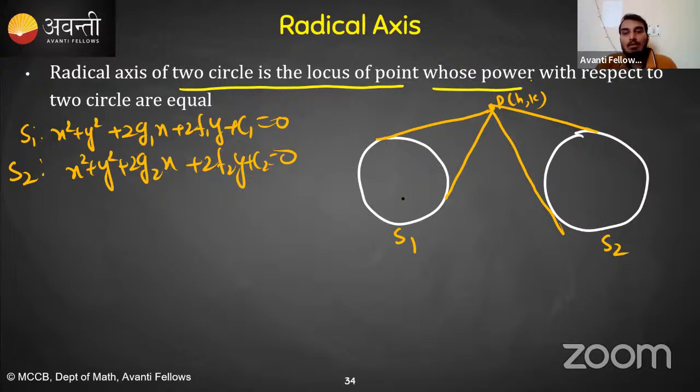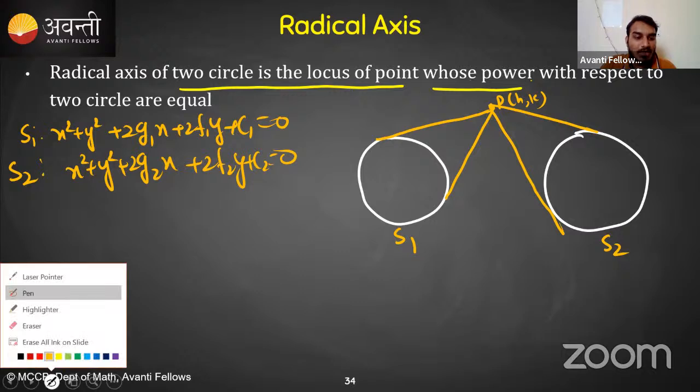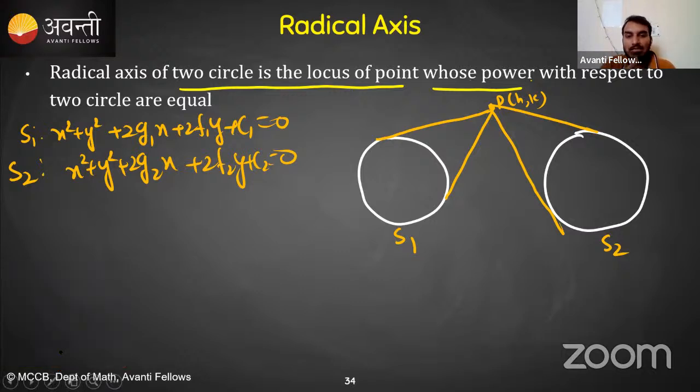So what is power of a point? Power of a point is nothing but the length of tangent squared. If the power of the point is equal, it means the length of tangent from the point P on the two circles is equal. And already the two tangents from P are of the same length, yes or no?